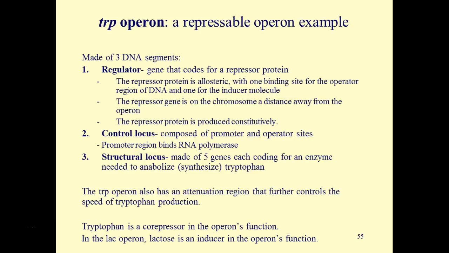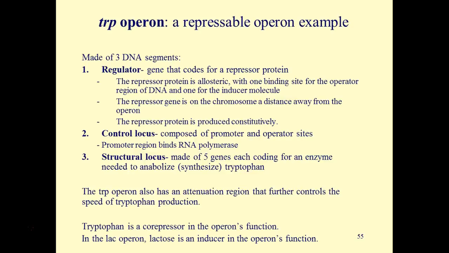TRP is the abbreviation for tryptophan. The trp operon also has an attenuating region that further controls the speed of tryptophan production. This is not something that you have to be concerned with for your assessment, but just something that happens with the trp operon. And tryptophan is referred to as a co-repressor in the operon's functions.